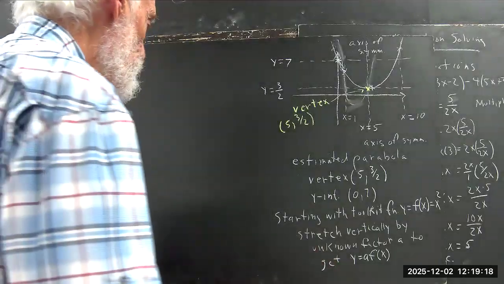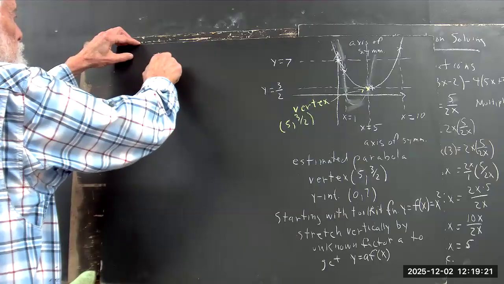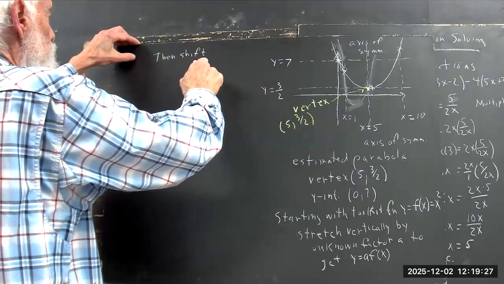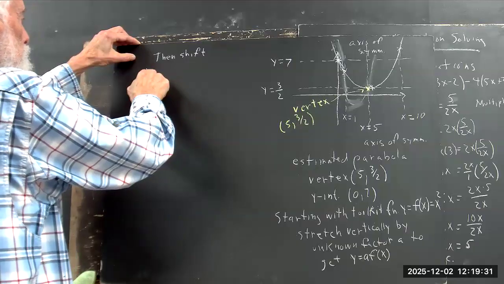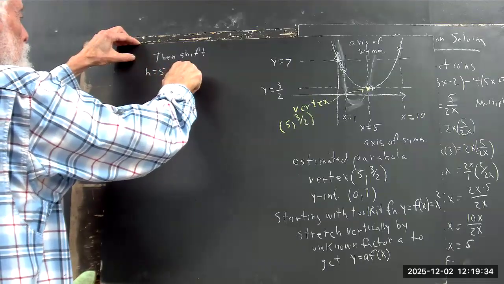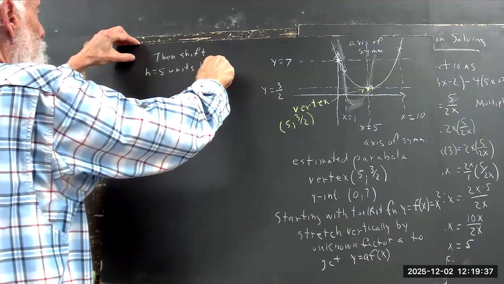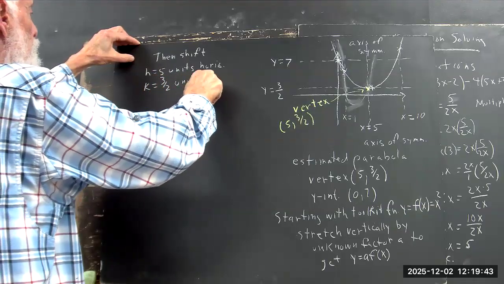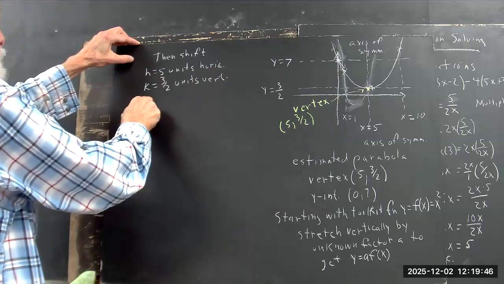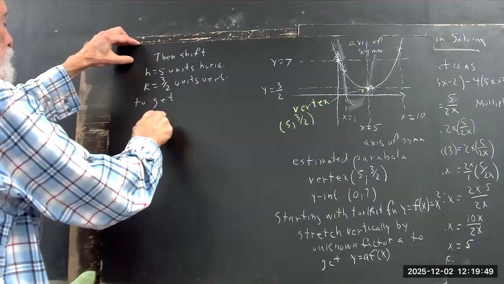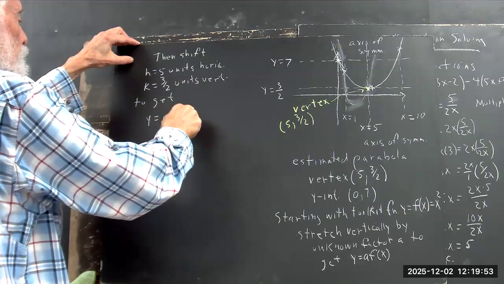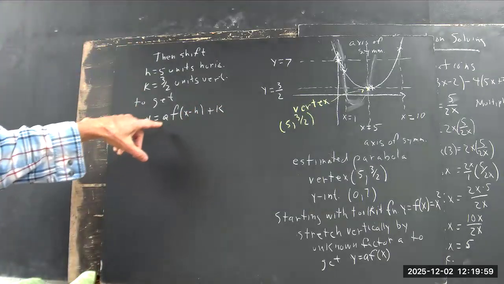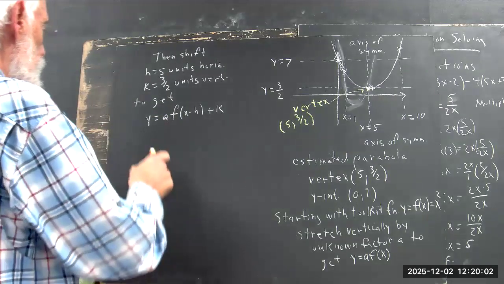Then we get y equals a f of x minus h plus k.